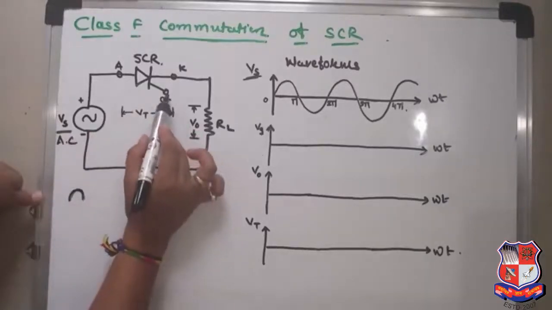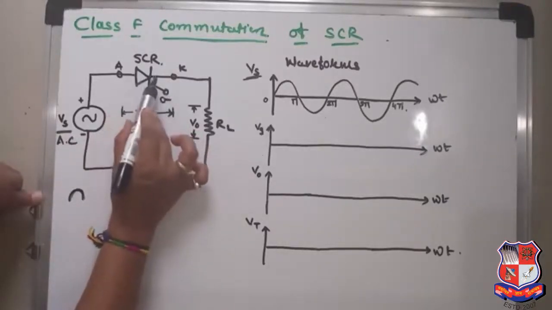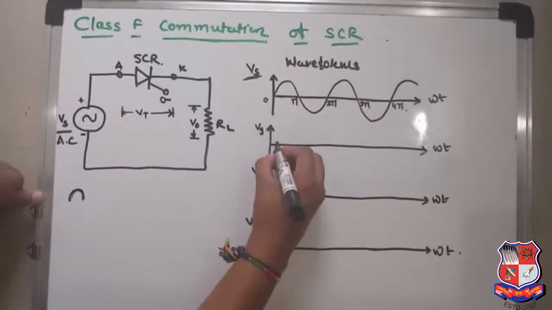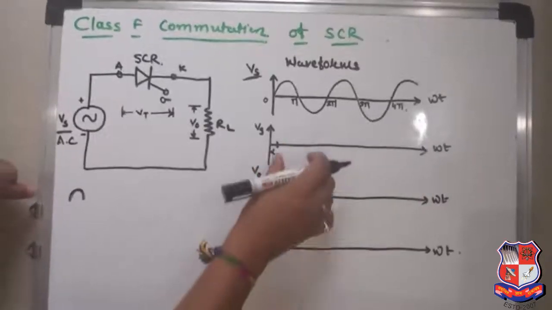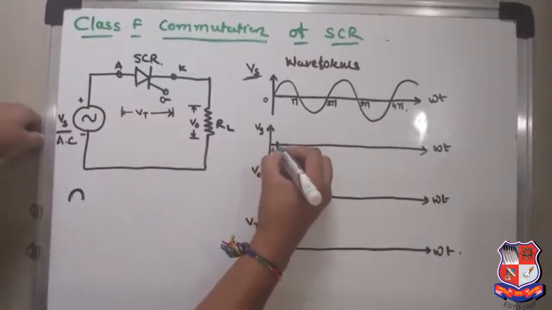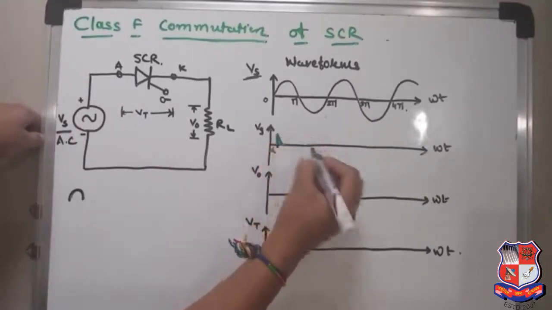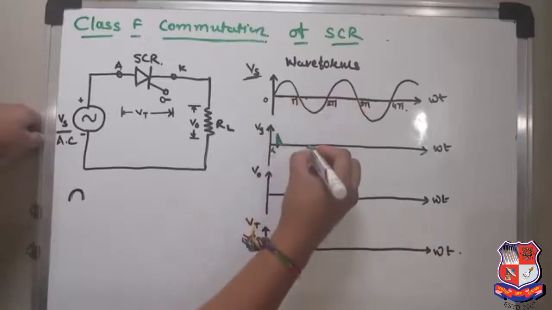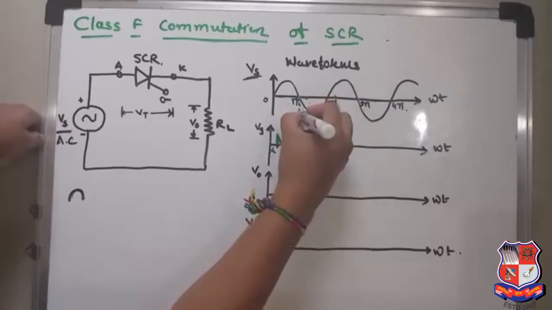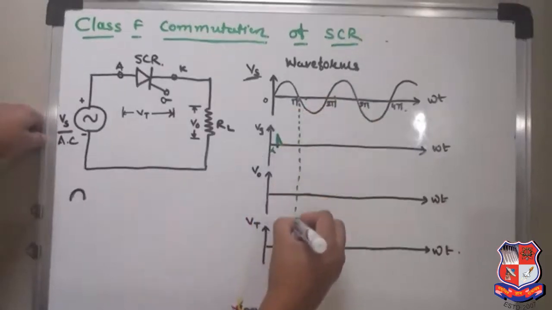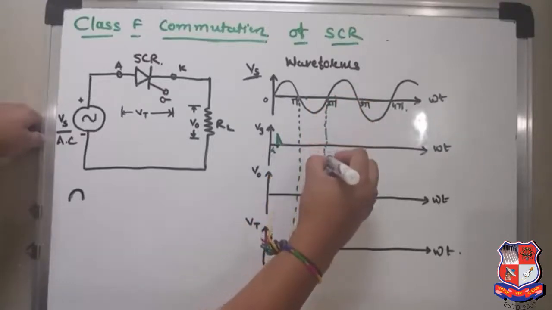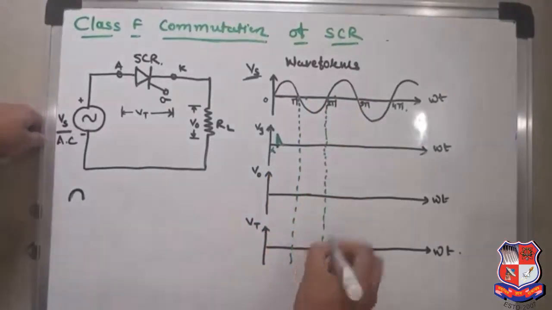Now when you give a gate pulse, the SCR is triggered by applying a gate pulse. If I say my firing angle is alpha, at an angle of alpha I am giving a gate pulse to the SCR.